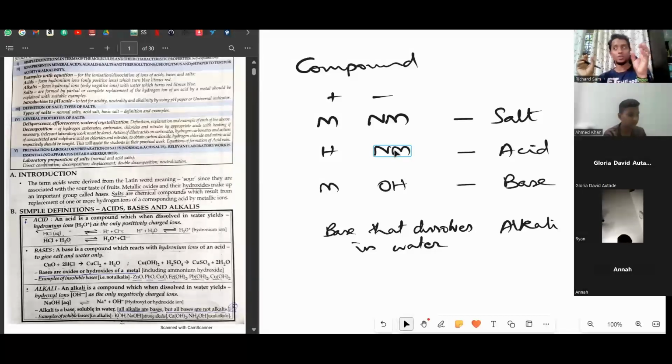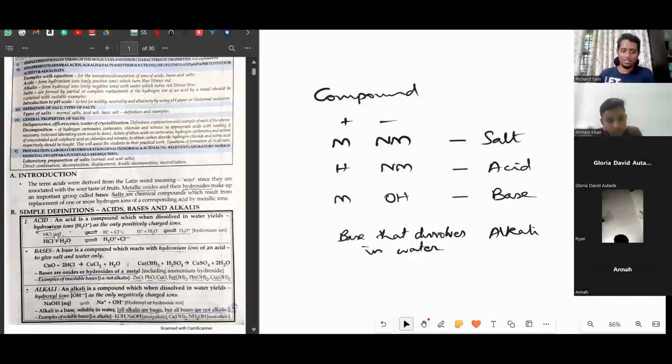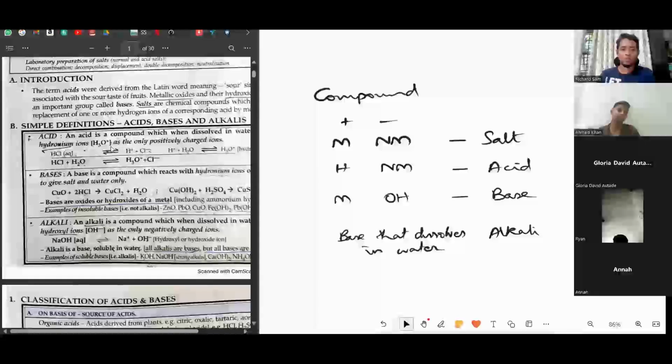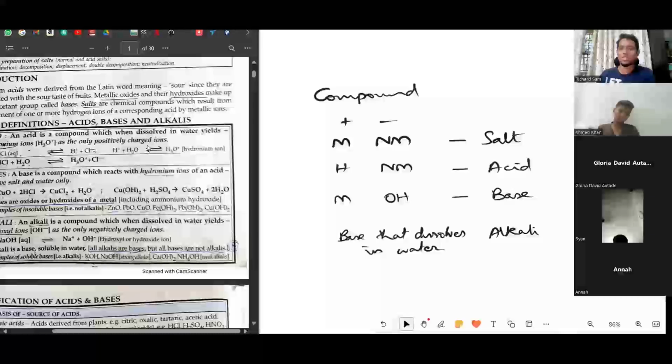Now what will this hydrogen ion do? It will join with the water. H2O will join with the H plus, and it becomes H3O plus, hydronium ion. Let us see an example of that.